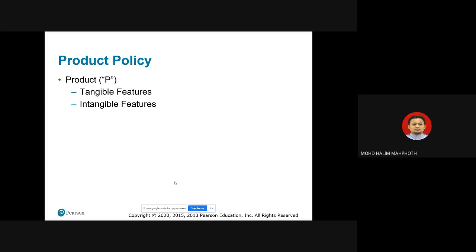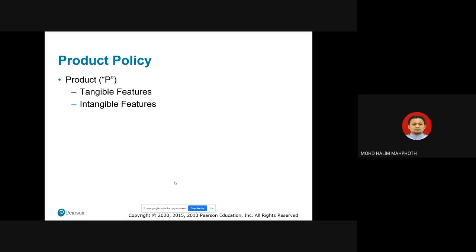The intangible features are more towards the satisfaction, how the product is satisfied by the customer. So it helps to incorporate that kind of intangible with the tangible features of the product in one single product.